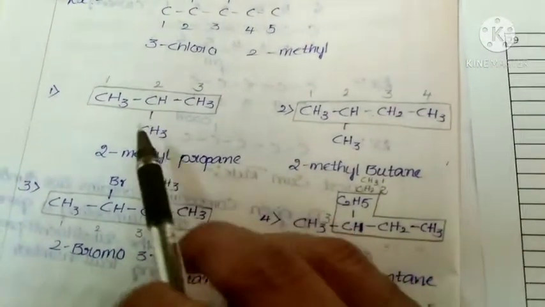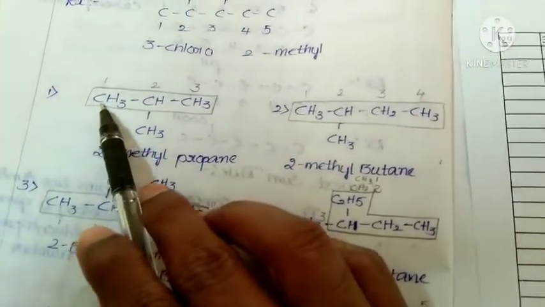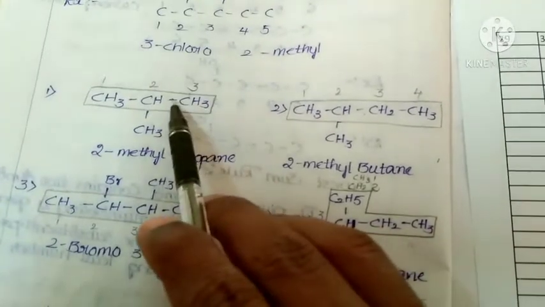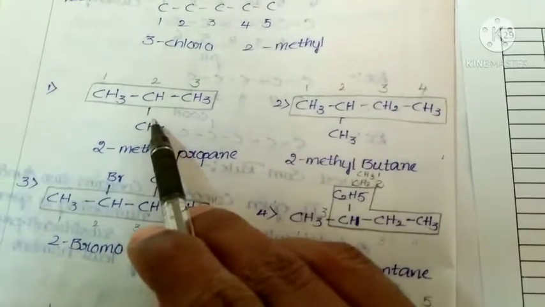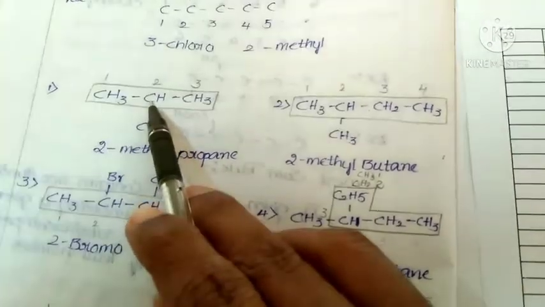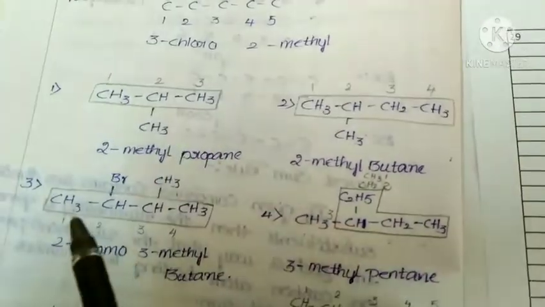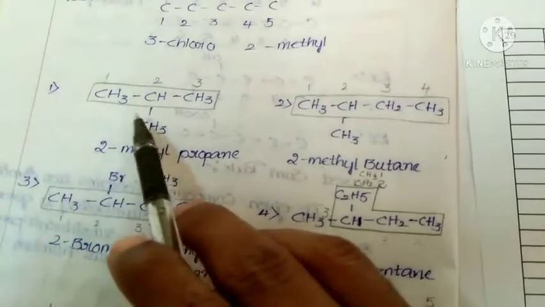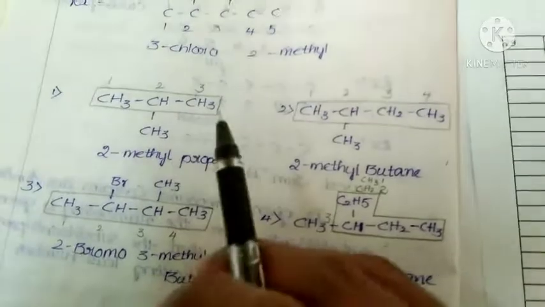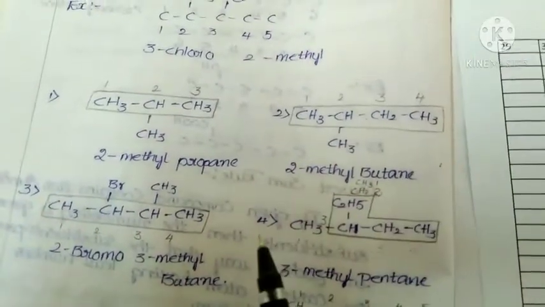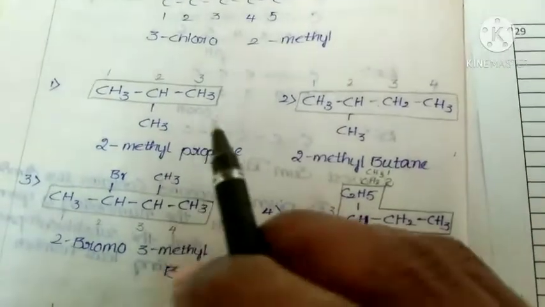If you give numbers either from left to right or from right to left, the substituent carbon gets the second position. So you can give numbers in this case from left to right or from right to left. Either will be correct. After giving numbers, we should mention the name.